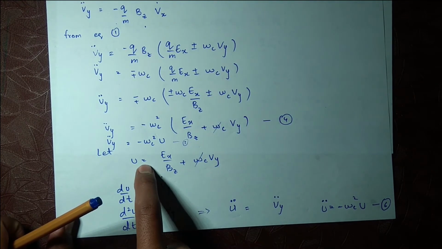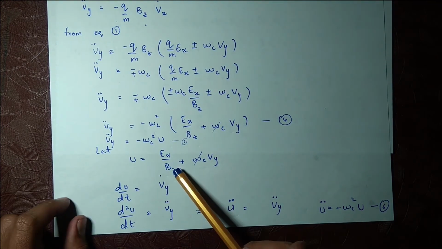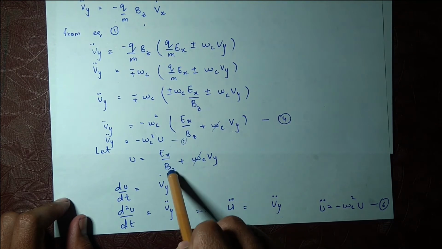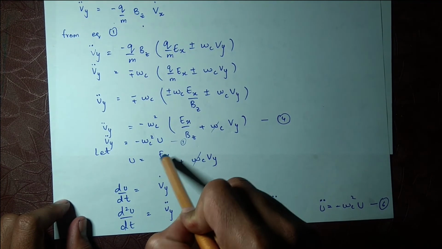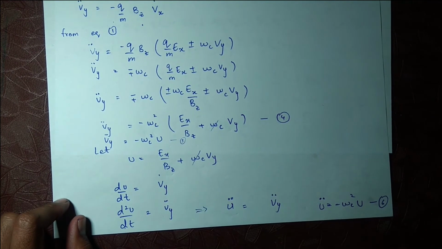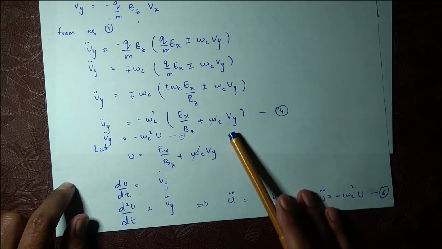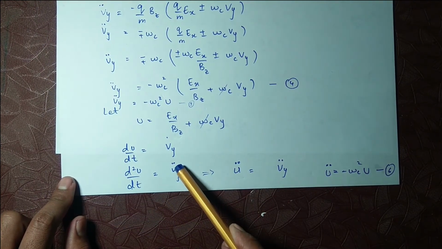When we take the time derivative of this u, this first factor goes to 0 because it is time independent. Our second term will get a dot. When we take the second derivative, we will get a double dot.